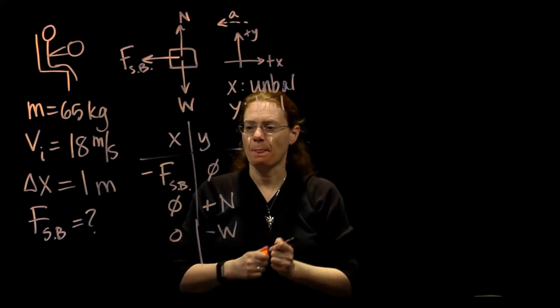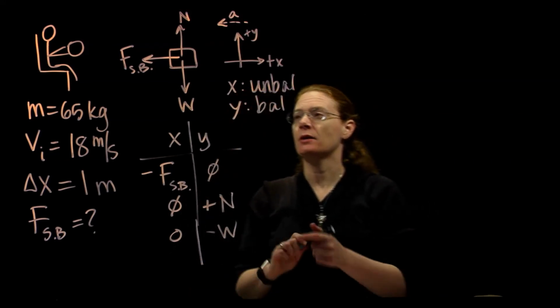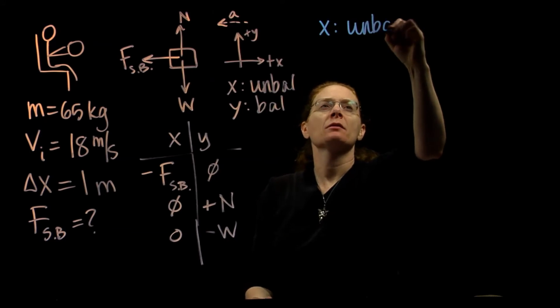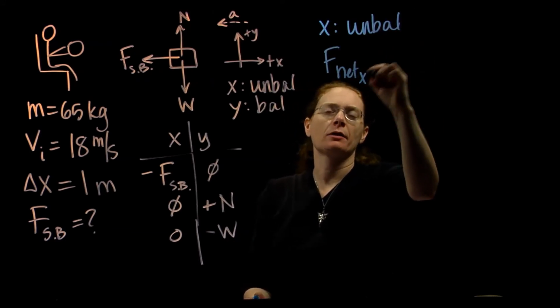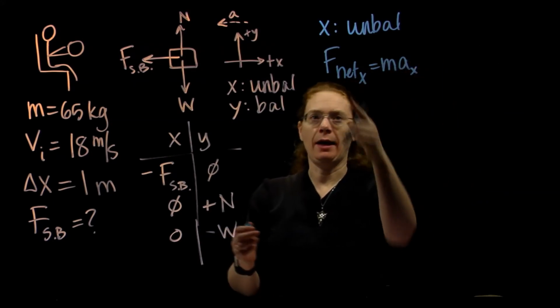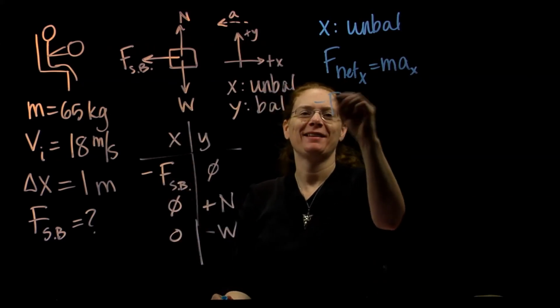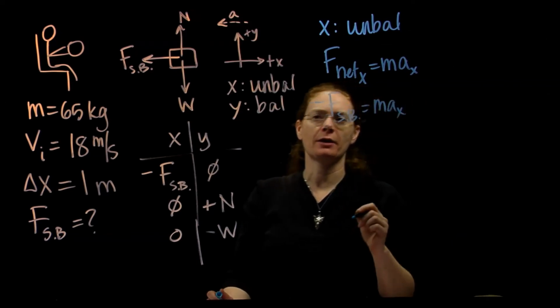All right. We now do our sum of the forces in the X and the Y direction. So I said this was unbalanced. So the net force in the X direction equals m a in the X direction. Add up all the forces in the X direction. There's one of them. That's easy. Negative force of the seatbelt equals mass times acceleration in the X direction.